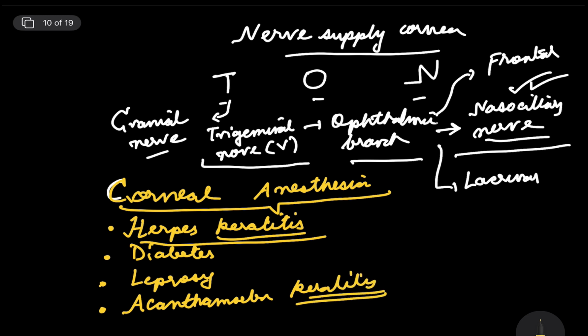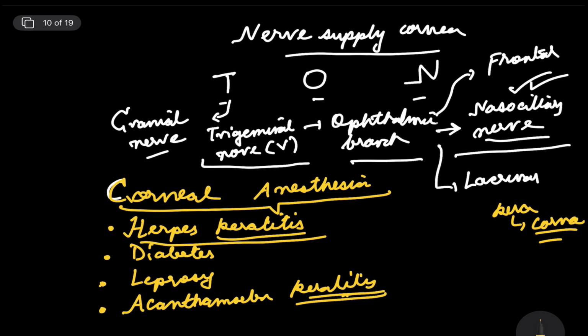See, what does keratitis mean? Remember, in ophthalmology, anything starting with kera means cornea. Let me make it very clear in this section itself: keratosis, keratitis, anything with kera means cornea. So keratitis means inflammation of the cornea.